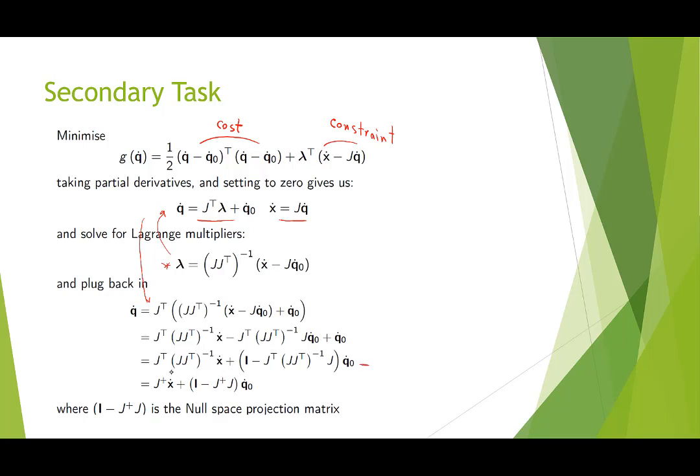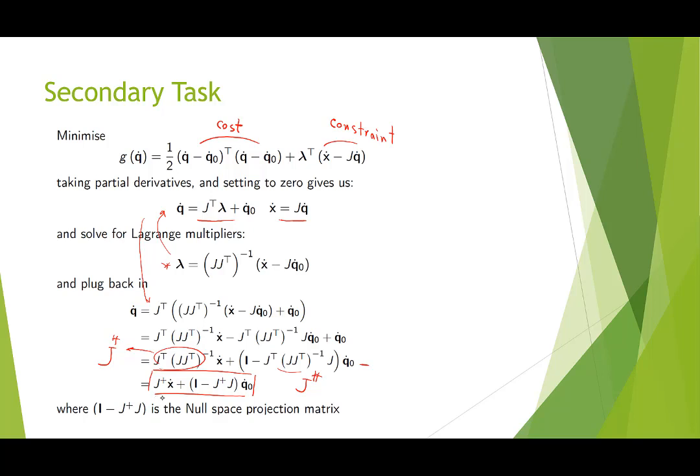If we look at it, this is our pseudo-inverse, and this is also our pseudo-inverse. Replacing these two terms with pseudo-inverse, we get the final result. This is an inverse kinematics equation using our newly developed cost function, and it has very interesting features.